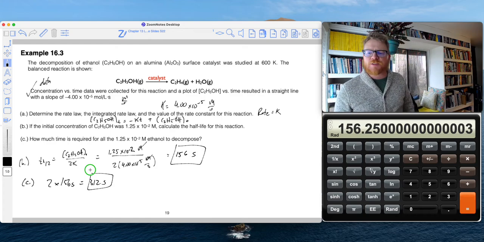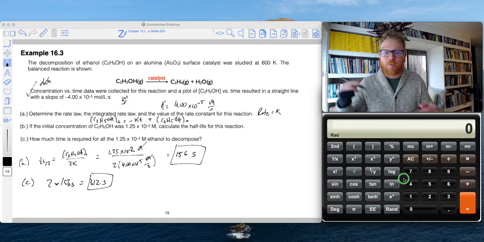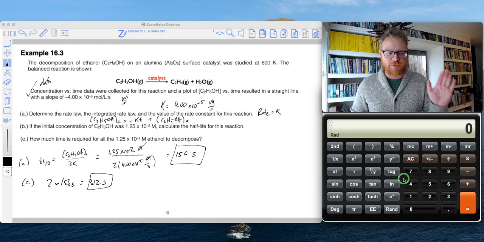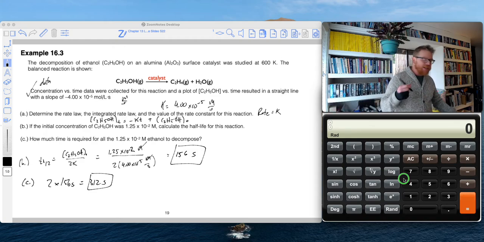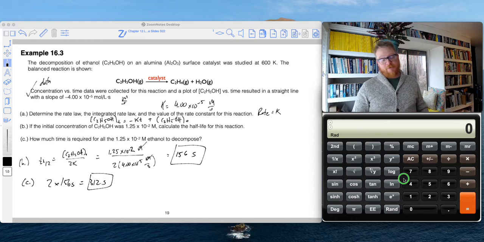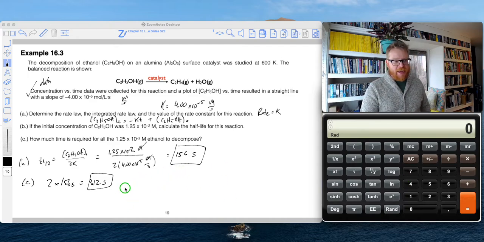But let's suppose that maybe we're still clever, but we're just not well practiced with this kinetics, and we weren't as confident of just being able to say times 2 on the half-life. There's another way we could do this, and we're going to see that this is the method we want to use if, for example, we didn't have the half-life. So what we can do now is use the integrated rate law.